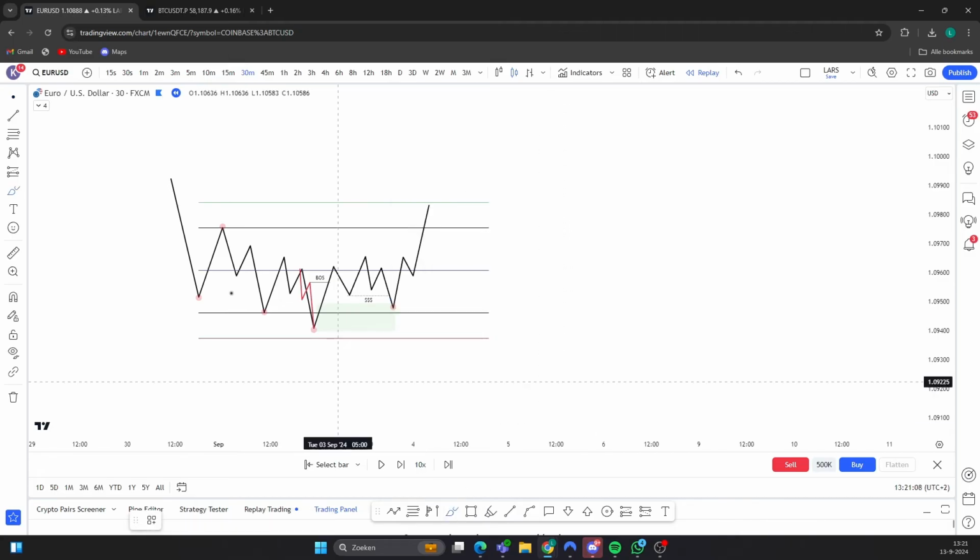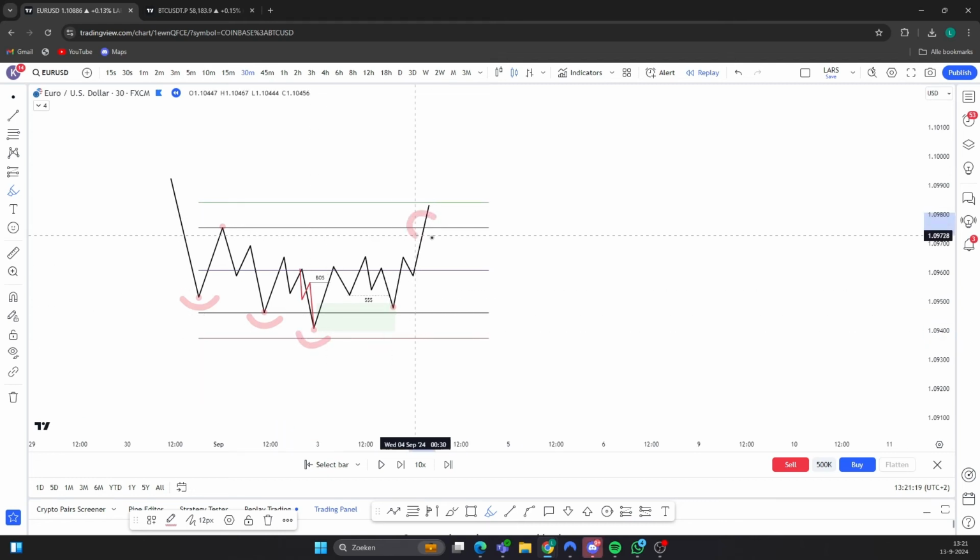So you kind of have that one, that two, that three, but prior to price tapping your range high, hitting its target, it comes back down and it creates kind of a fourth tab, which is a higher low, confirming that this could also be a 1, 2, and 3 like this. So it's kind of a Model 1 that flows over into a Model 2. And this happens quite often.